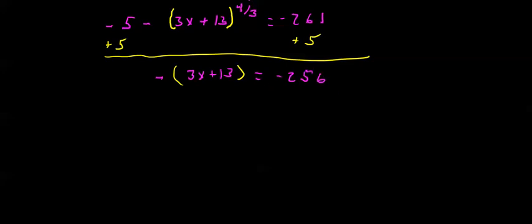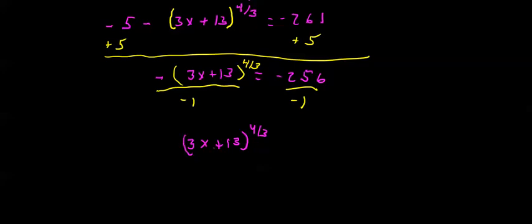And we divide by negative 1. I lost my exponent. And we end up with (3x plus 13) raised to the 4/3 power equals 256.